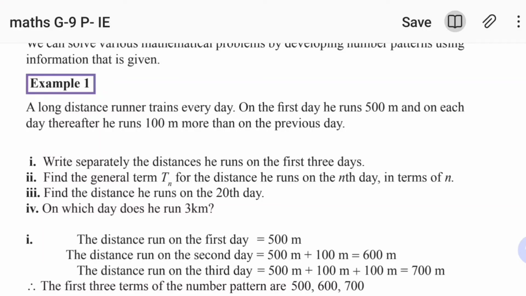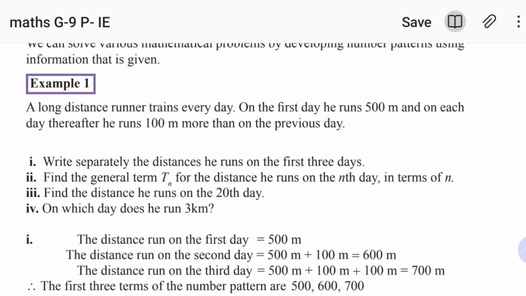Okay, so let's look at this example, and then we'll go through a few exercises to wrap up this lesson. It says a long distance runner trains every day. On the first day he runs 500 meters, and on each day after he runs 100 meters more than the previous day.